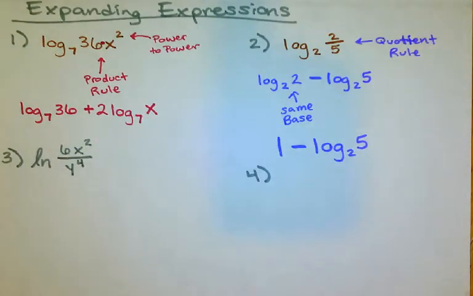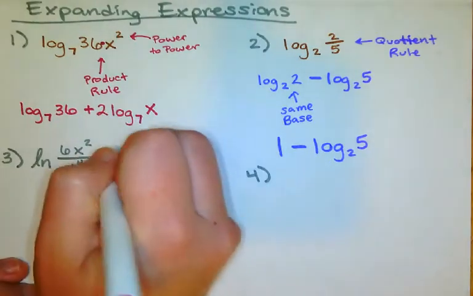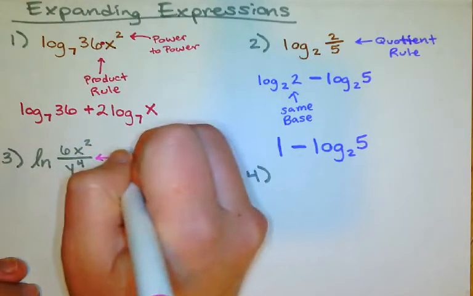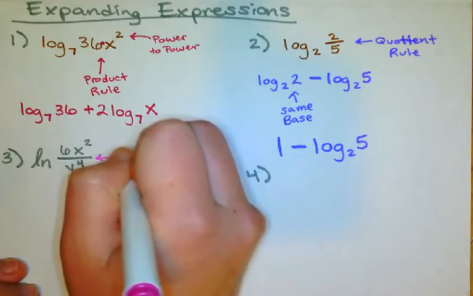So we've got several things happening here. If you don't want to multitask and use multiple rules all at one time, just take it one piece at a time. The biggest thing that sticks out the most is right here, we've got our quotient rule.